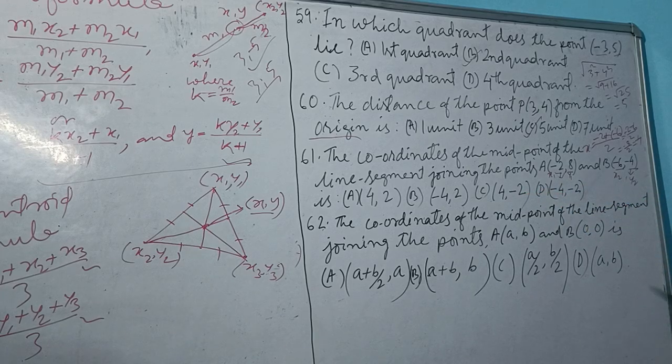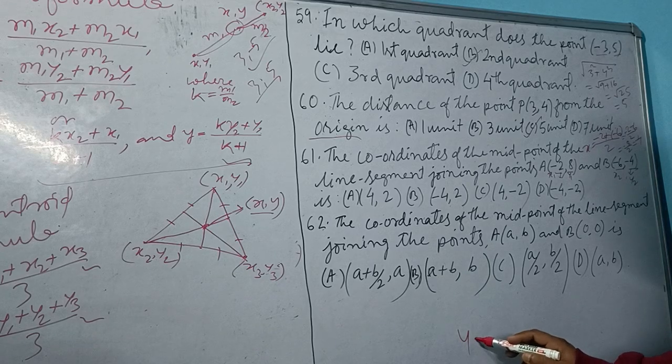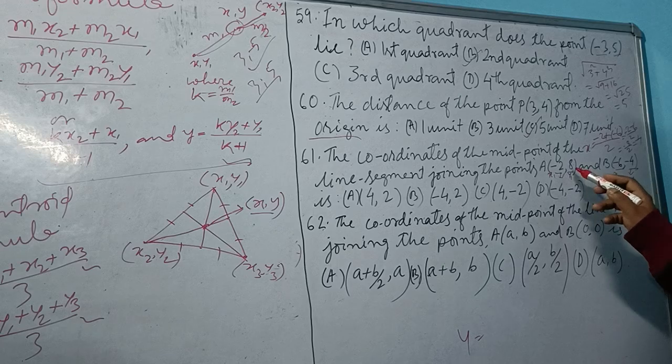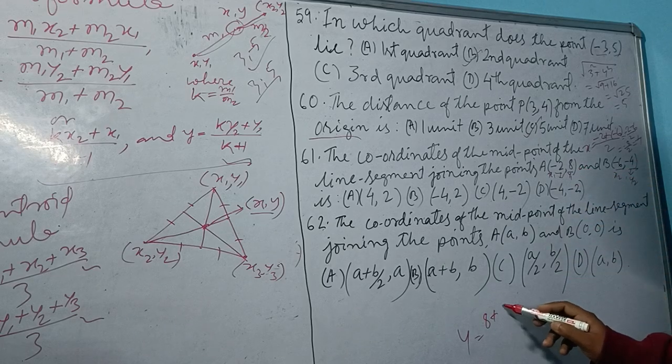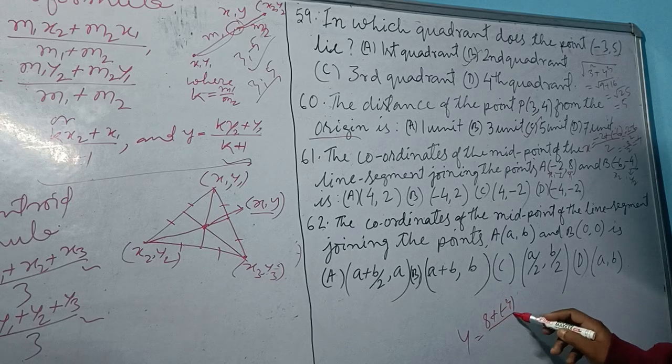Now for the y value also you have to find this out. Your y1 is 8, y2 is -4. So y is equal to 8 plus (-4) divided by 2.